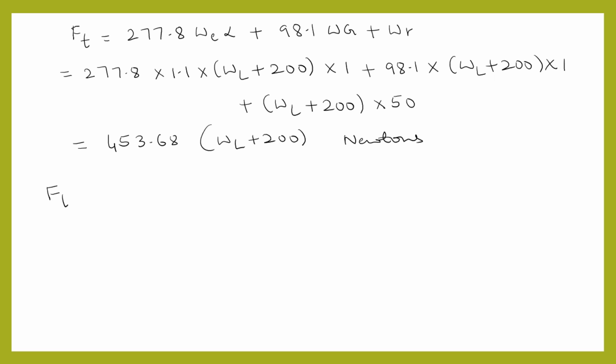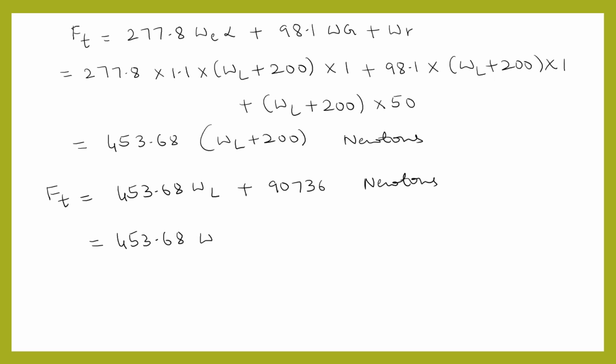So Ft equal to 453.68 WL plus 90,736 newtons, or Ft is equal to 453.68 WL plus 90,736 by 9.81 into 1000 in tons.